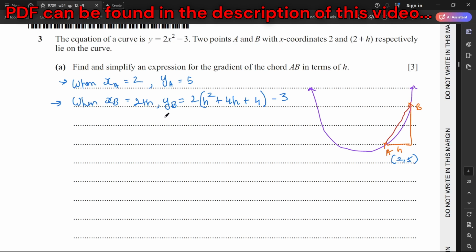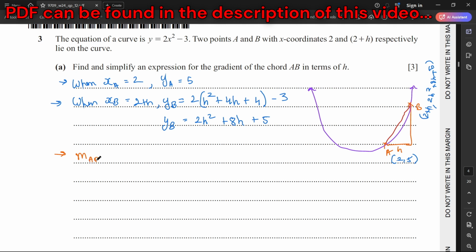Now I can simply further simplify this. So it is going to become 2h squared plus 4 into 2 is 8h plus 8 minus 3, which is positive 5. So now this comes out to be my y coordinate for the point B. So my B is having 2 plus h as the x coordinate, and then 2h square plus 8h plus 5 as the y coordinate.